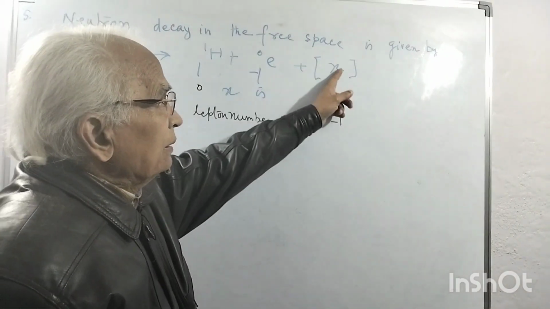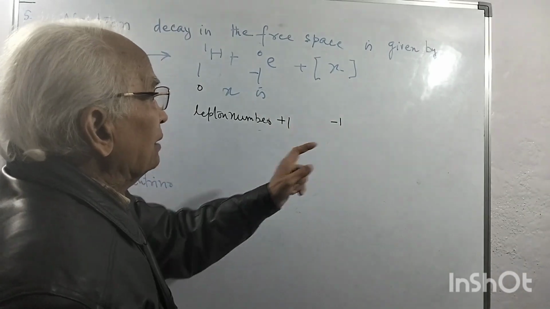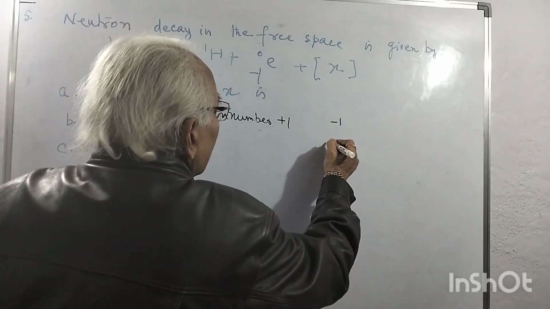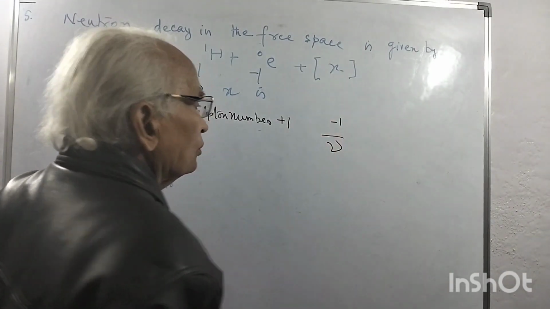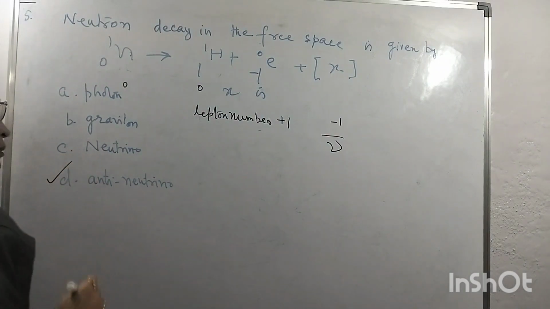So this should be an antiparticle, +1 and -1. So the answer should be the antineutrino.